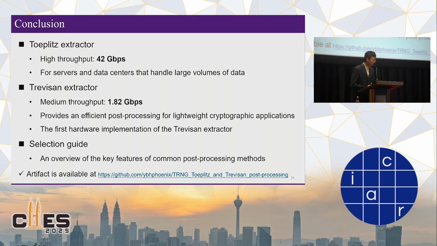It provides efficient post-processing for lightweight cryptographic applications. Also, it is the first ever hardware implementation of the Trevisan extractor. Finally, we give a selection guide for helping TRNG designers choose the most suitable post-processing methods according to their specific needs. The artifact of our design is also available.